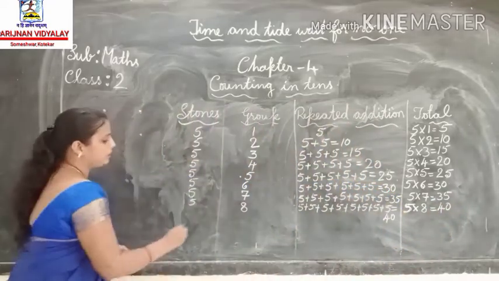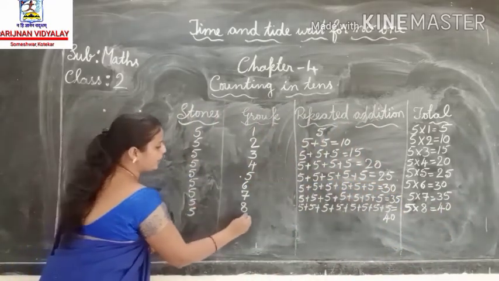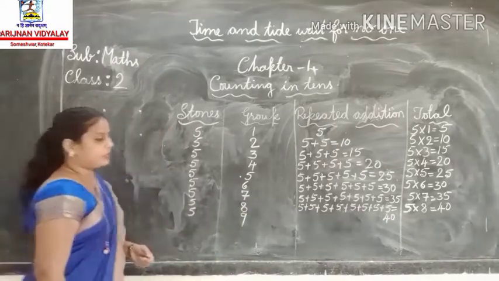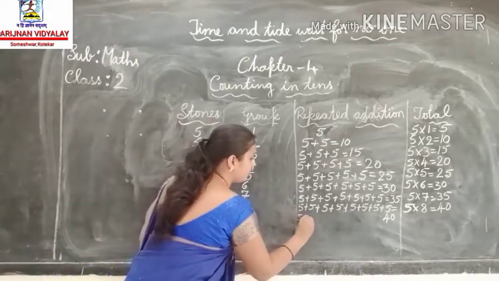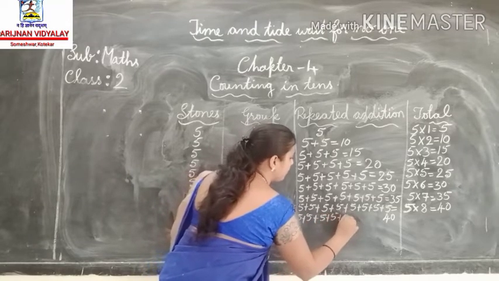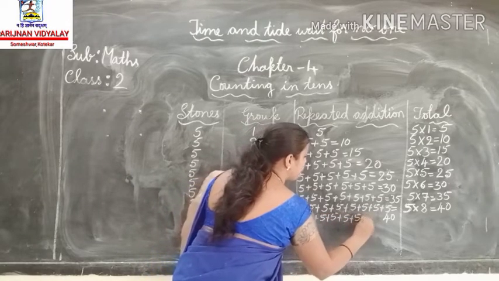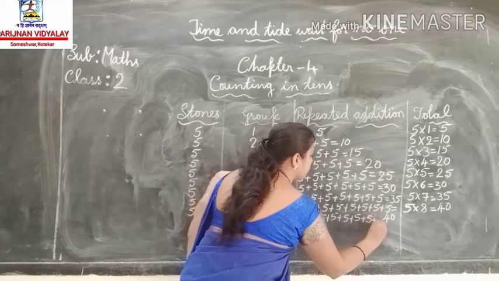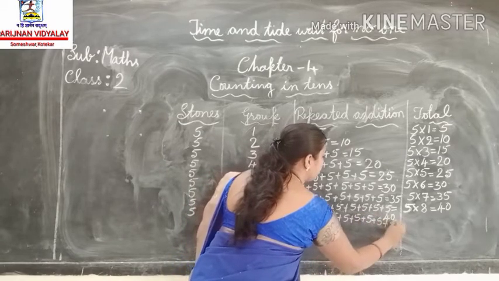Next, 5 is repeated how many times? 9 times. 1 time, 2 times, 3 times, 4 times, 5 times, 6 times, 7 times, 8 times, 9 times.